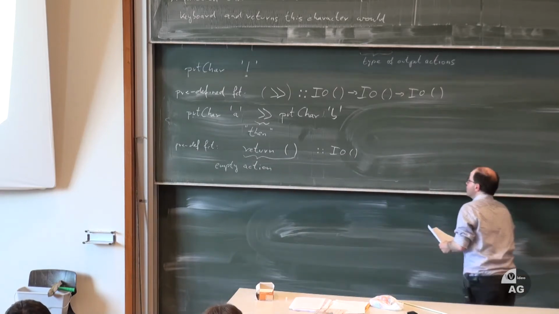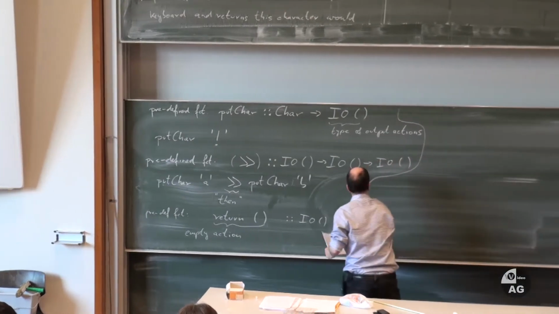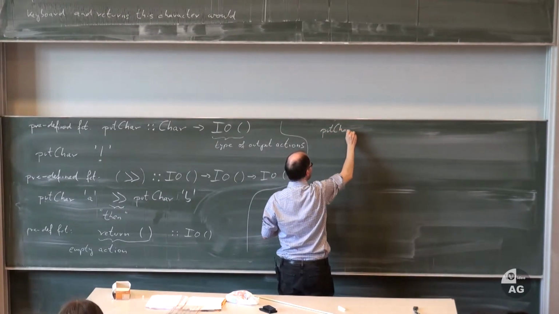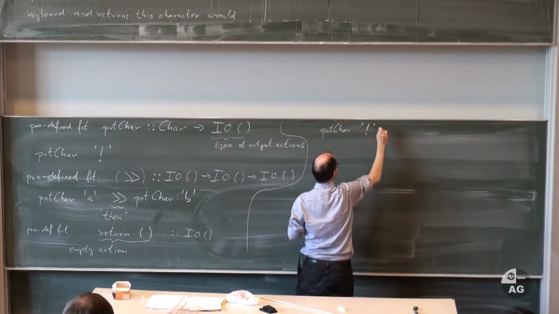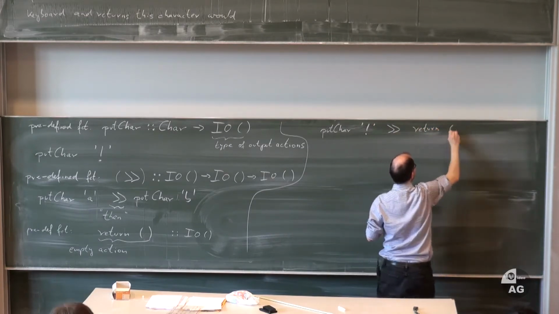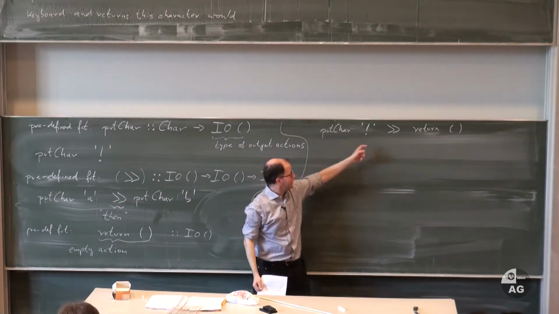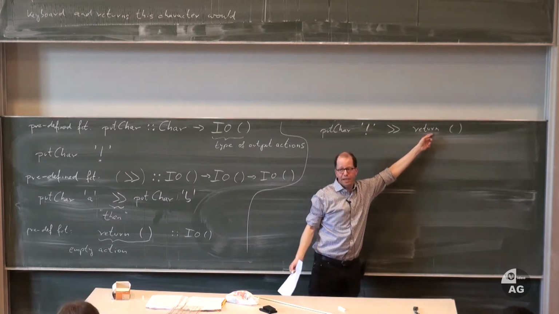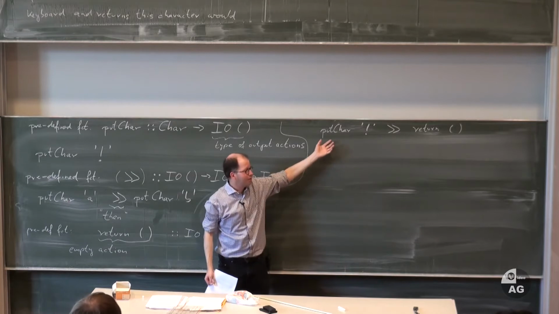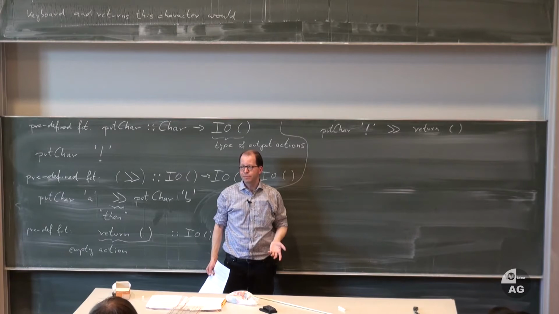So in other words, if you say put character, let's again write the exclamation mark on the screen, and then return empty tuple. Well, this is a new action which consists of gluing together this action and this action. And since this is the empty action, it does nothing. So if you execute this, if you evaluate this, then these actions are actually performed. And so the exclamation mark will be printed on the screen, and that's it.